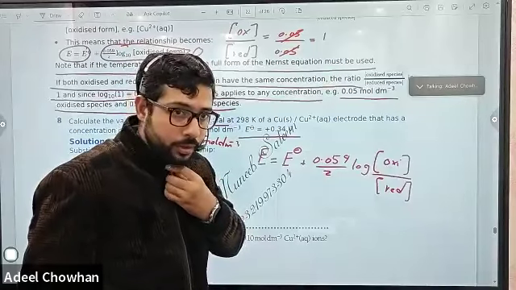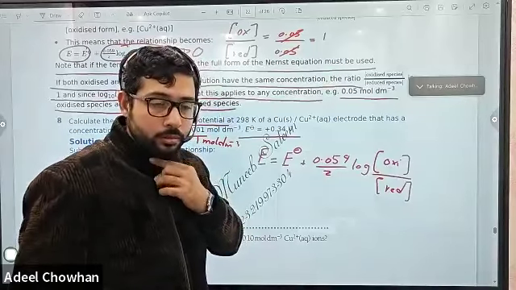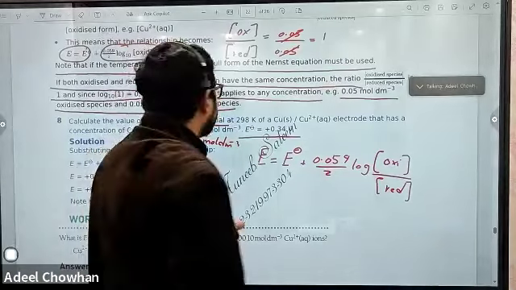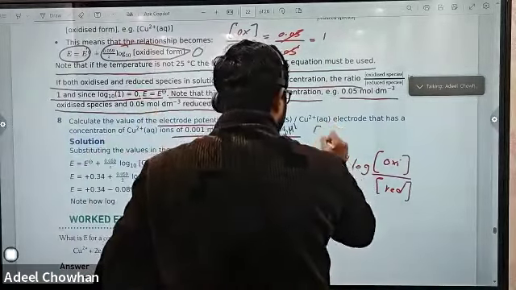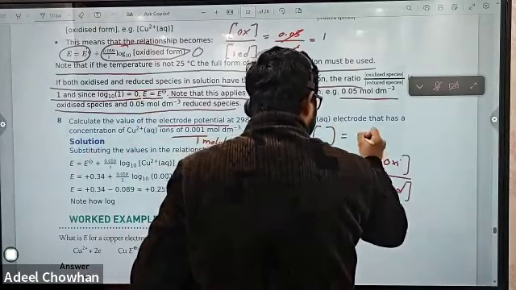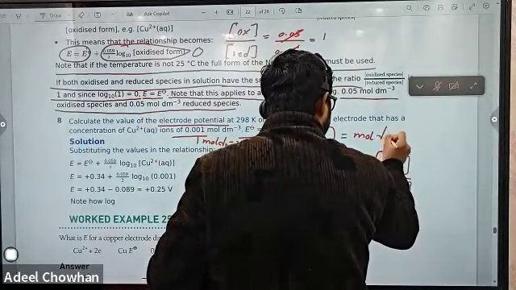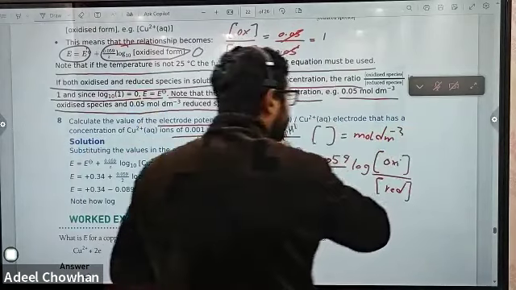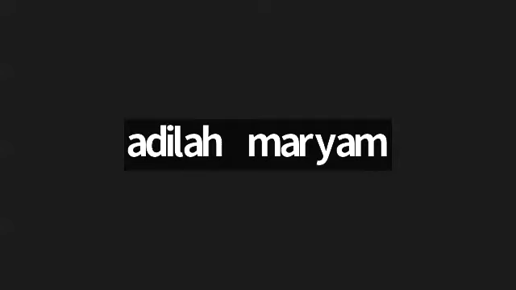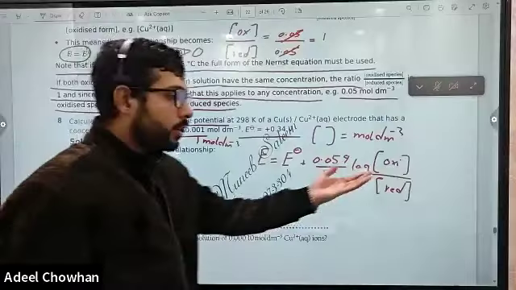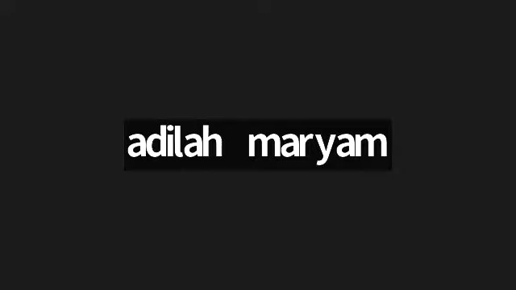Concentration in terms of which unit? Mole per dm cube. Yes. Adila, the square brackets mean concentration in mole per dm cube, which you have studied in the AS. It doesn't mean multiplication because I'm not using any multiplication sign here. Okay. My bad. No problem.